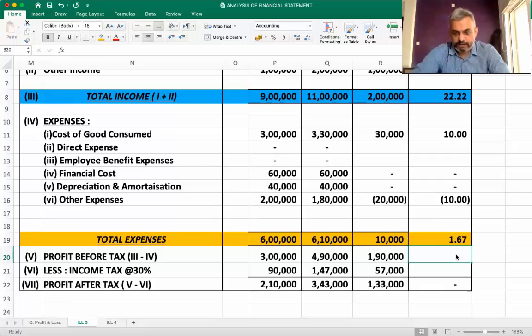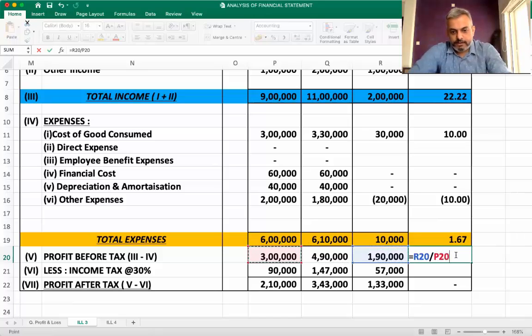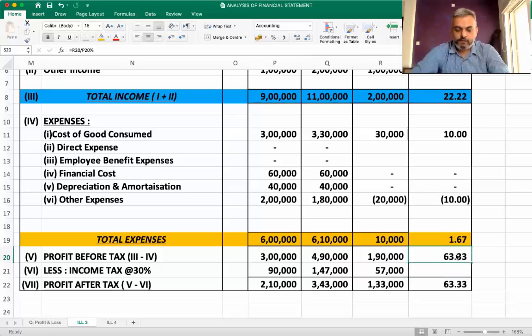So let's check the profitability impact. So 1 lakh 90 divided by 3 lakh, directly apply percentage. So 63.33, profitability has increased by 63.33 percentage.